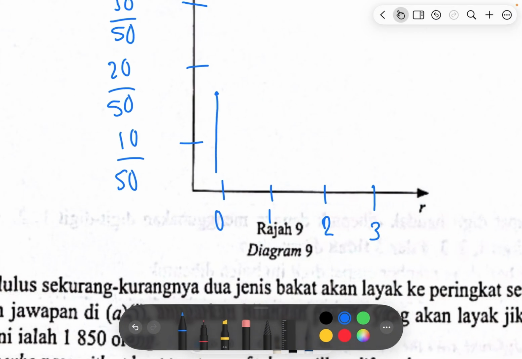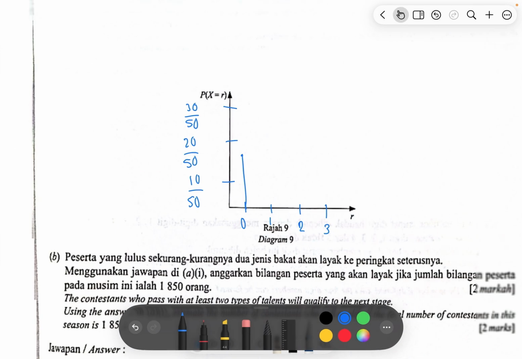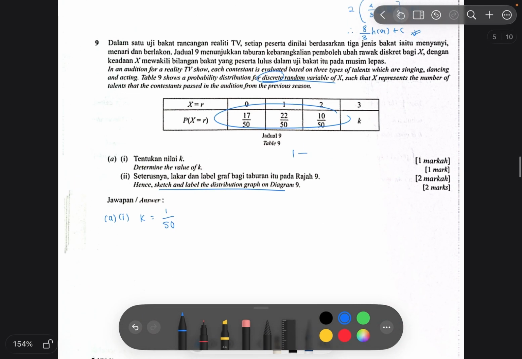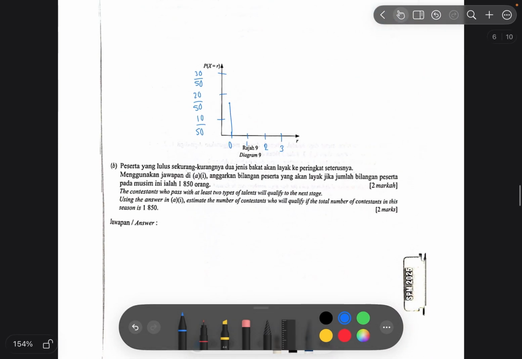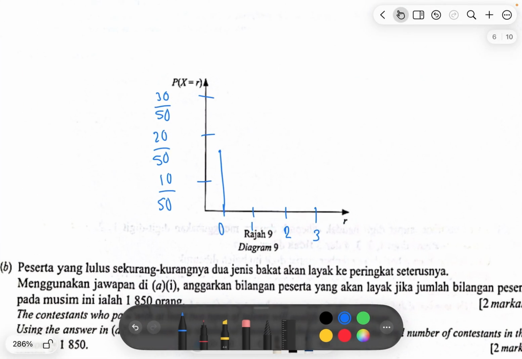And then you have 1 which is equal to 22 over 50, so it's somewhere up here. Okay, then you have 2, which is equal to 10 over 50. So it's here. 3, which is equal to 1 over 50, which is somewhere here.